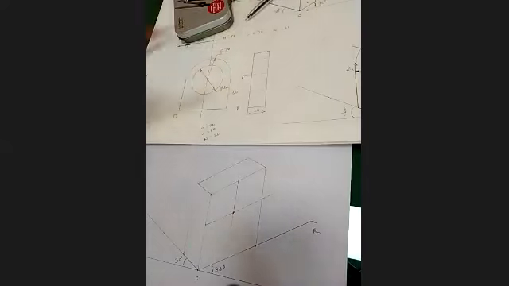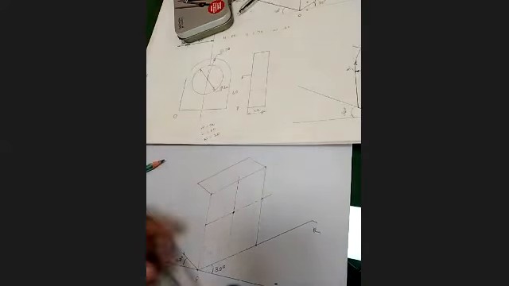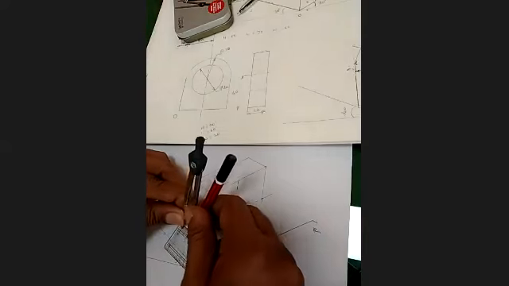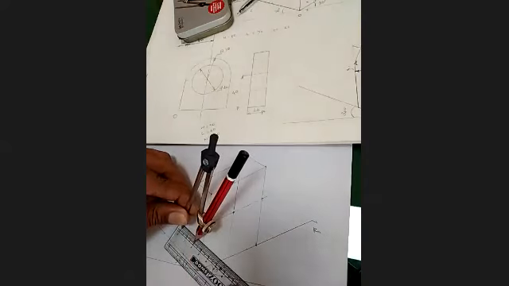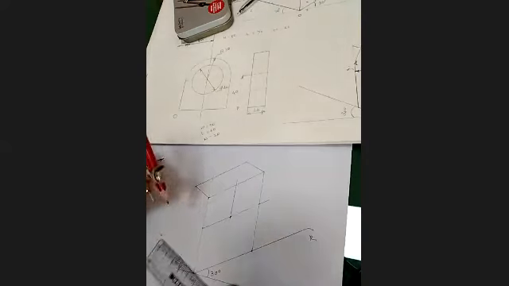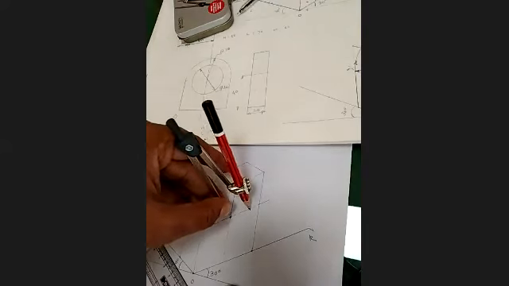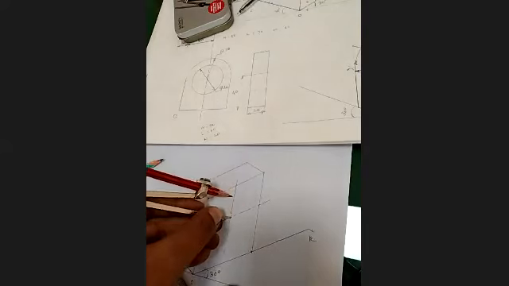Okay. So better to take it in compass itself and locate the point. So you take a distance 20 millimeter in compass. This 20 you will be taking in compass, and then with this center have arc on all four sides.